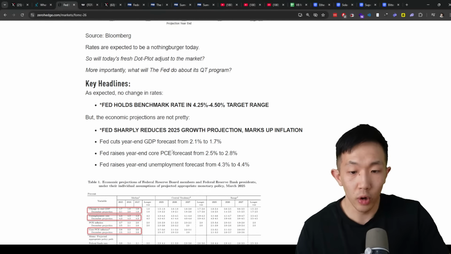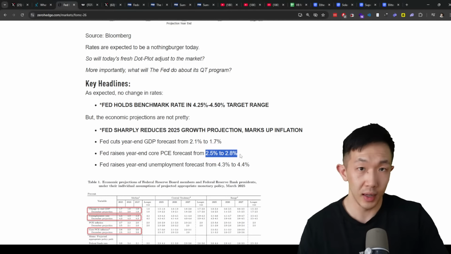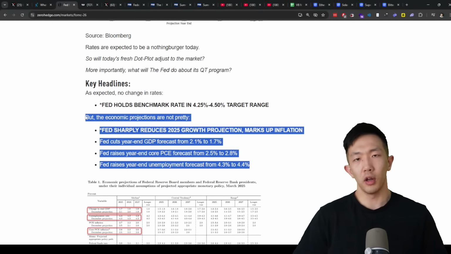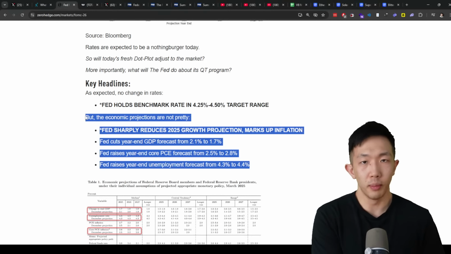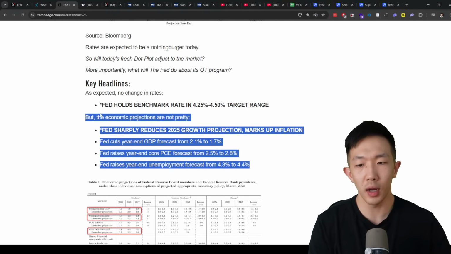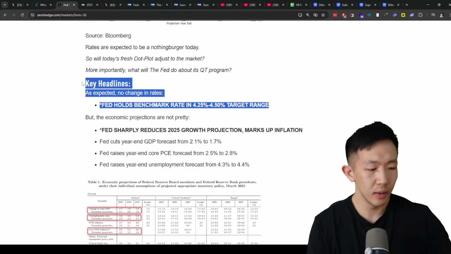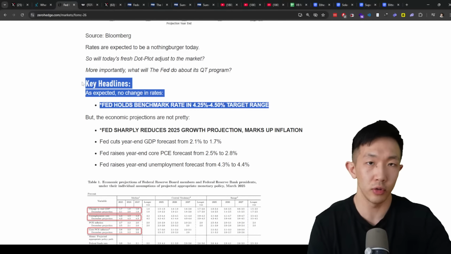As well as core PCE inflation forecasts have also been raised from 2.5 to 2.8. So the Fed also acknowledges that, yes, the economy and the financial system are both under pressure right now, but they do not want to lower rates right away. And before rates are at 0, they will not use QE.